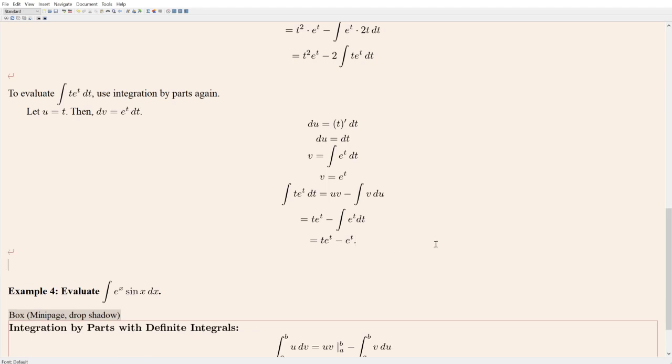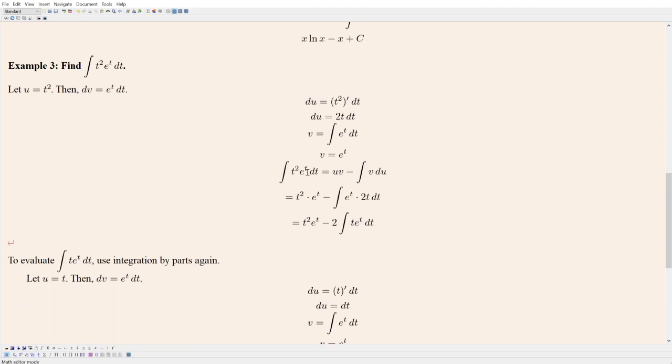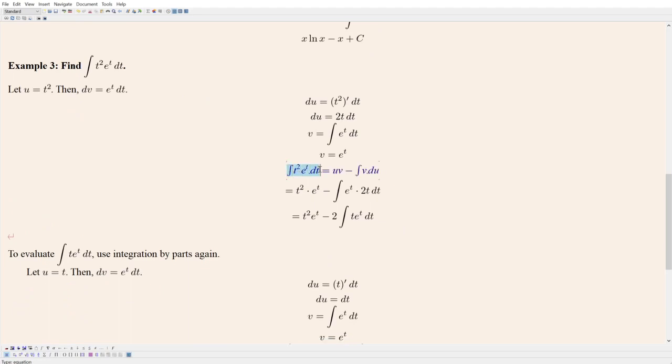So yeah, to get our final answer, plug this into the original integral. So the original integral was this.